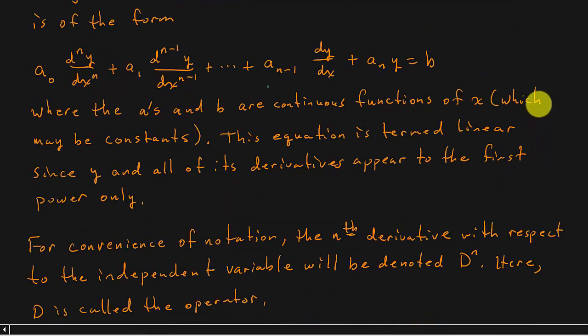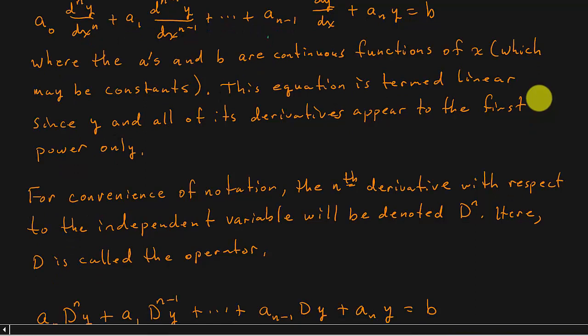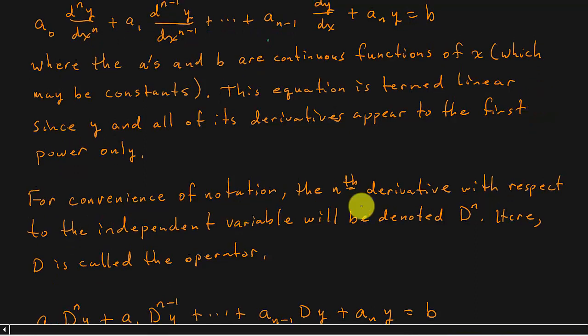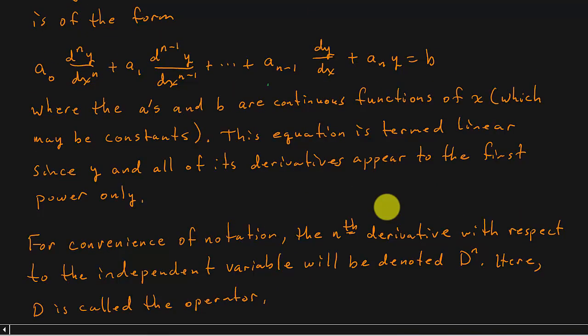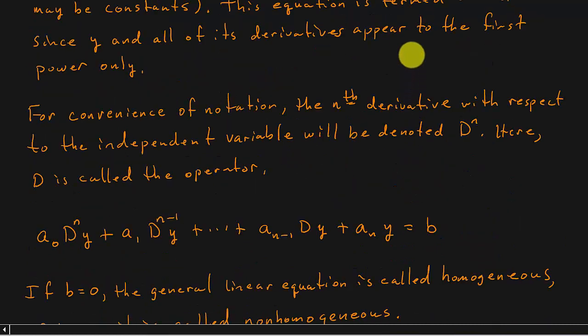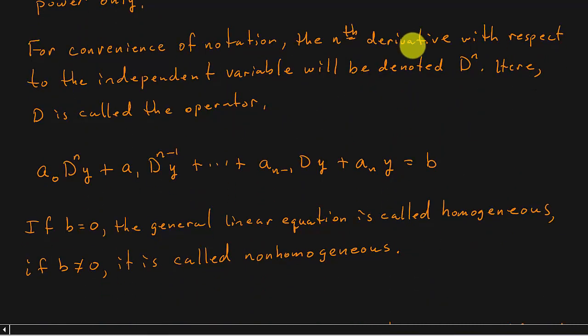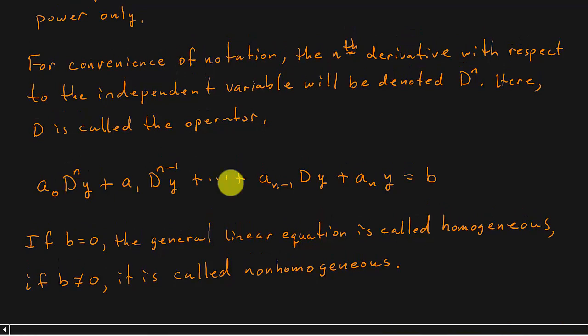And then we have, for convenience of notation, the nth derivative with respect to the independent variable will be denoted D^n. Here D is called the operator. So basically what this book does is it'll write some of the differential equations we have to solve in this form, and then it will write some of them in this form right here.